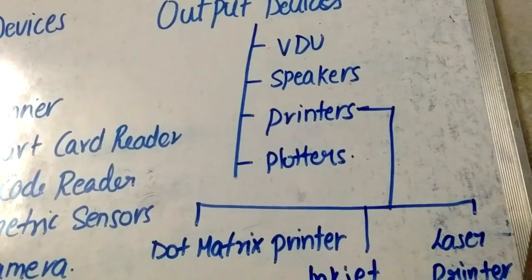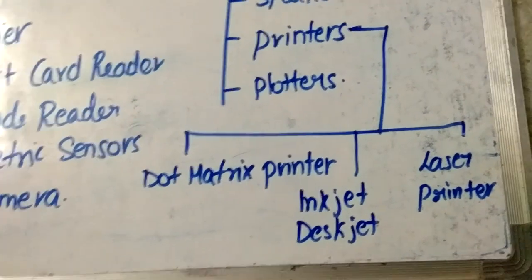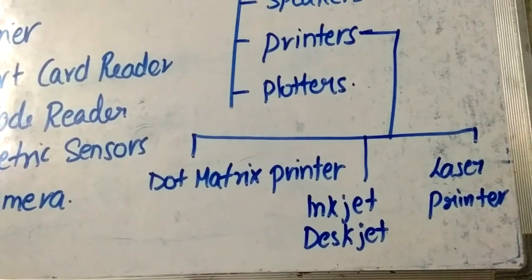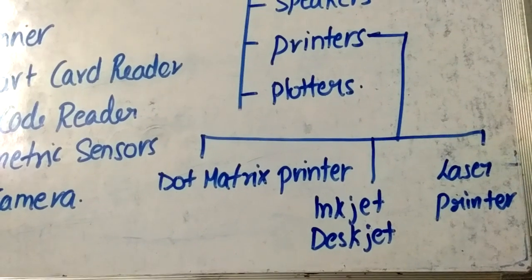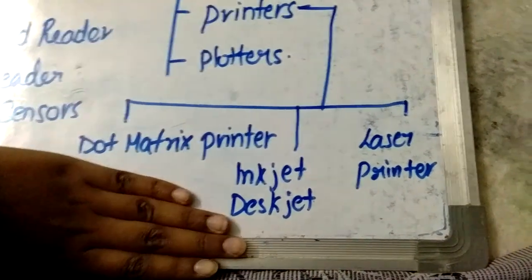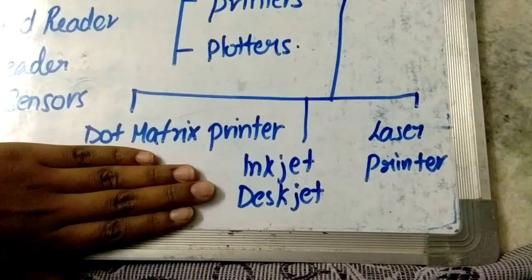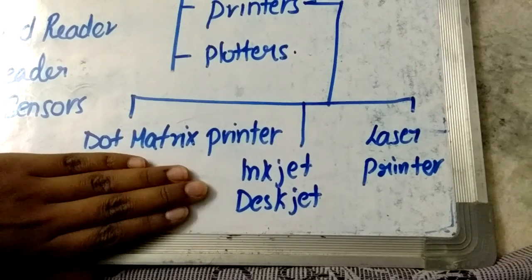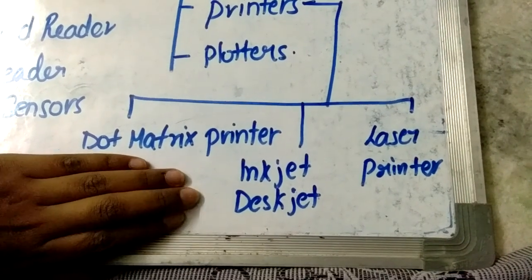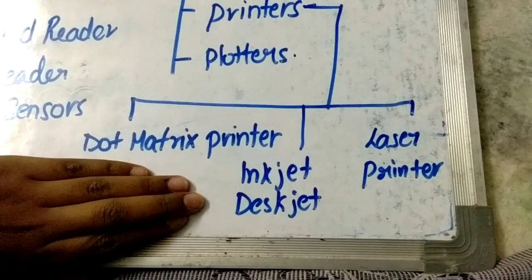As I said, printers are of three types: dot matrix, inkjet, deskjet, bubblejet printers, and laser printers as well. These three printers work in their own way. The dot matrix printer prints characters by striking an ink-soaked ribbon against the paper. These can be used to generate carbon copies as well.